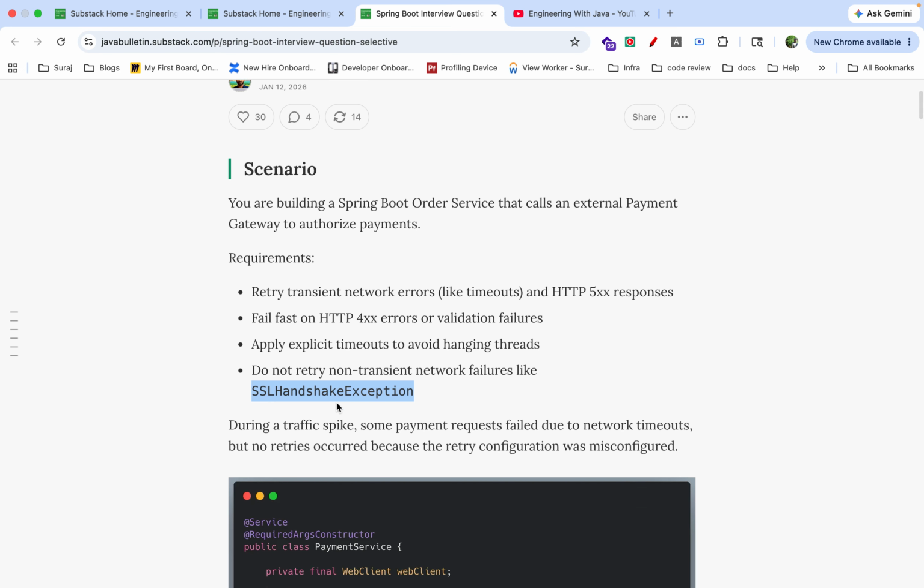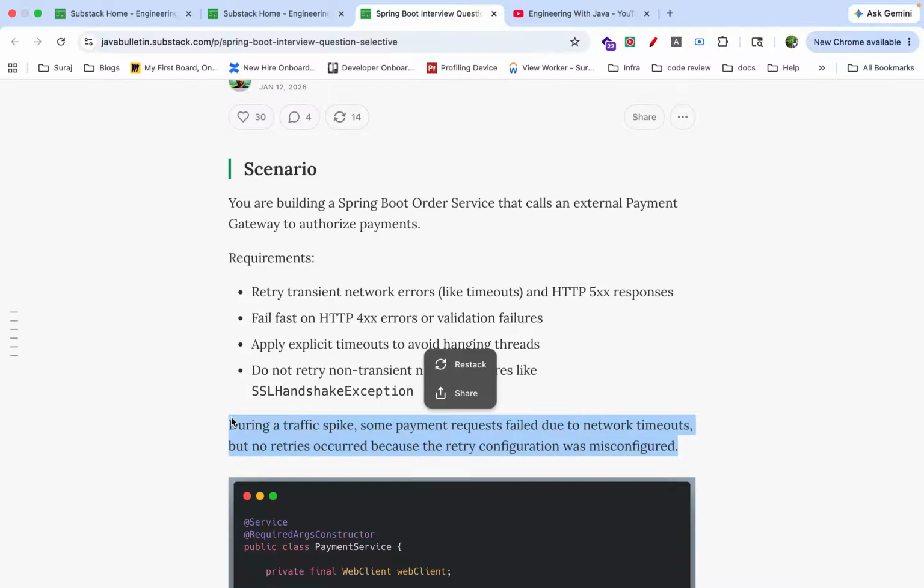Now let's read through it. During a traffic spike, some payment requests failed due to network timeouts, but no retries occurred because the retry configuration was misconfigured. Now here's the main crux of the problem. When there was a traffic spike, some of the payment requests failed on the network error.